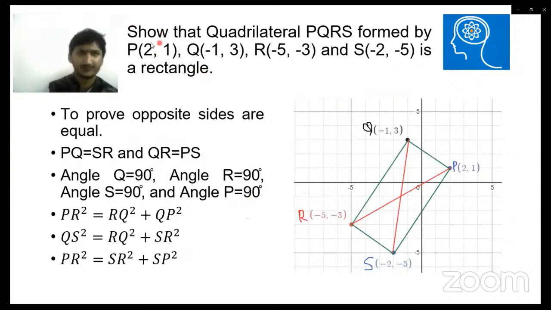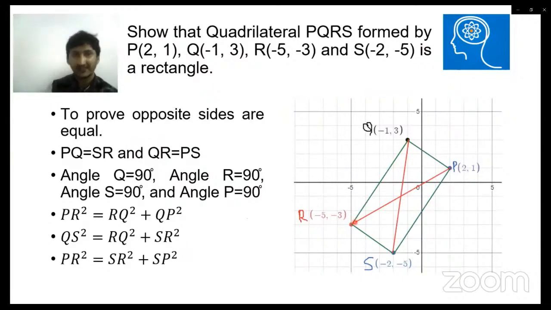Another example, show that quadrilateral PQRS formed by the points P 2,1, Q -1,3, R -5,-3 and S -2,-5 is a rectangle. Here we have to show that these 4 points form a rectangle.